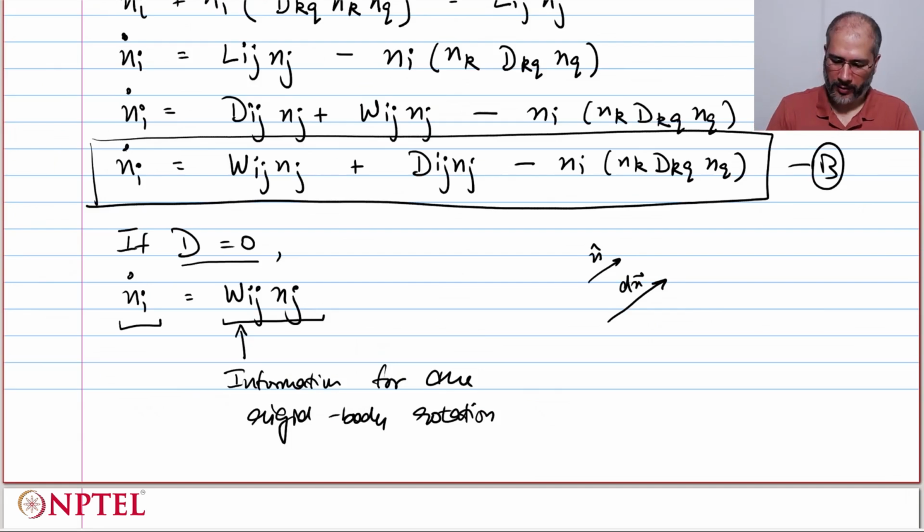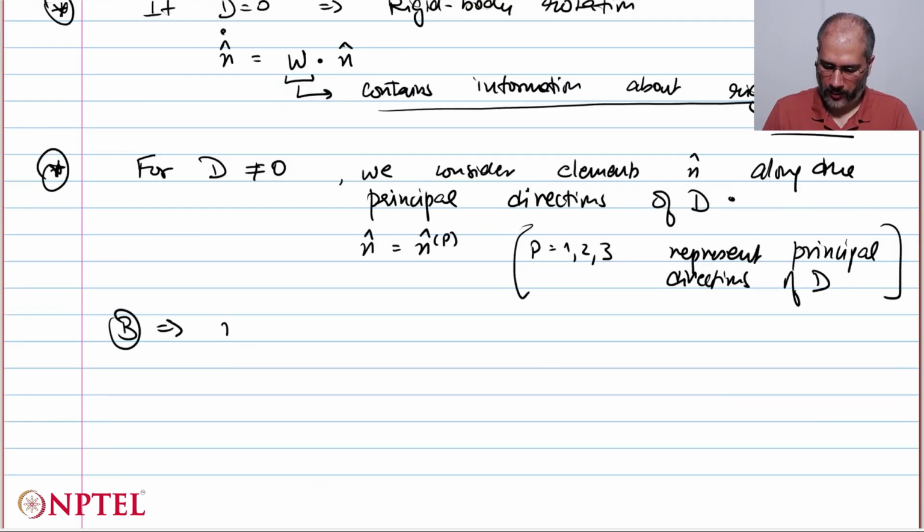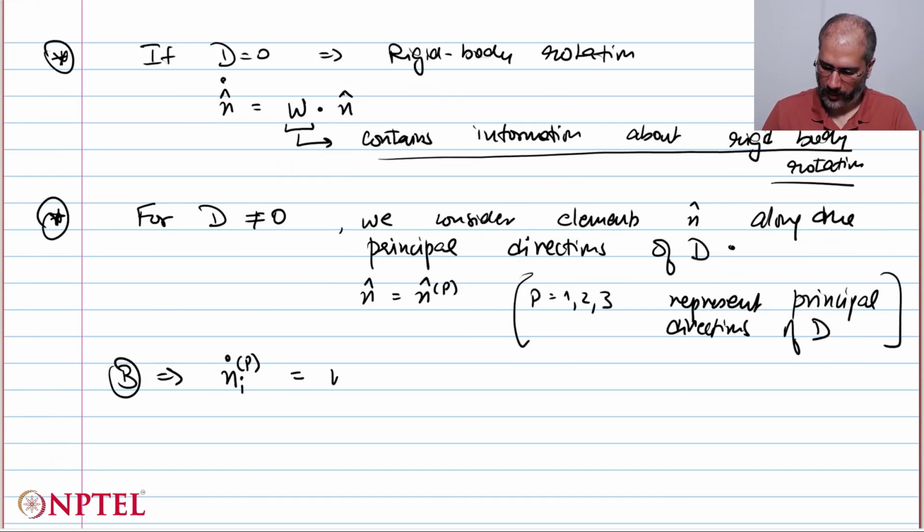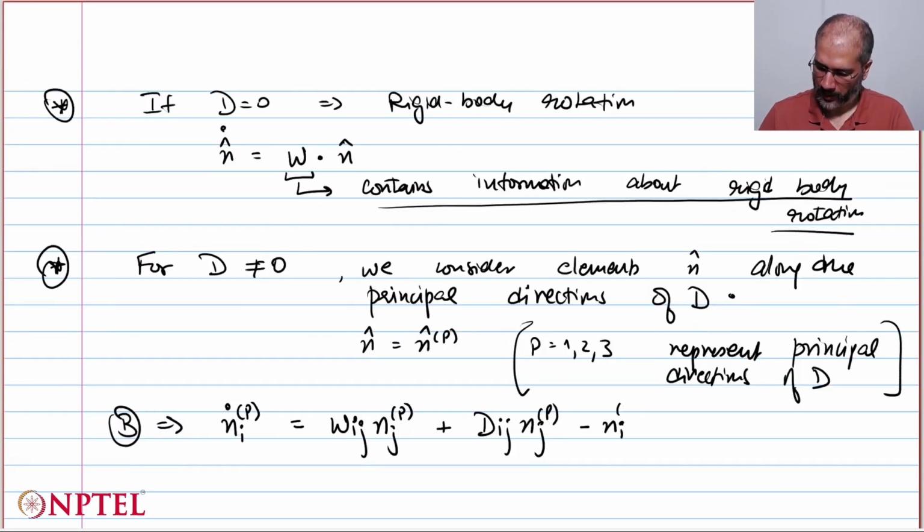So we go back to our equation B here and use this. Equation B gave us ni dot, but this time we are doing it for one of the principal directions of D. So I write a bracket P as a superscript, and this is equal to Wij times njp plus Dij njp minus nip times nk dkq nq.